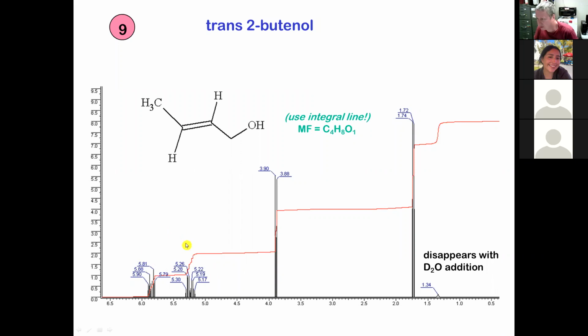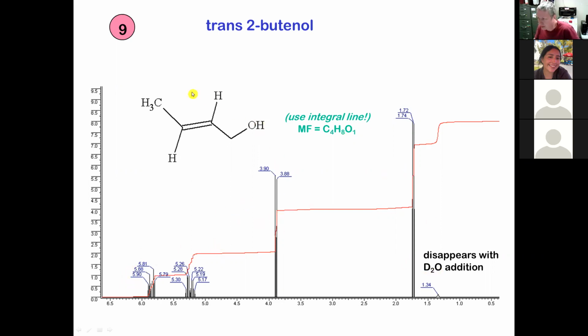So it's 1, 1, 2, 3, 1. Does that add up to 8? 2 plus 2 is 4, plus 3 is 7, plus 1 is 8. So we just figured out the integrations: 1, 1, 2, 3, 1.